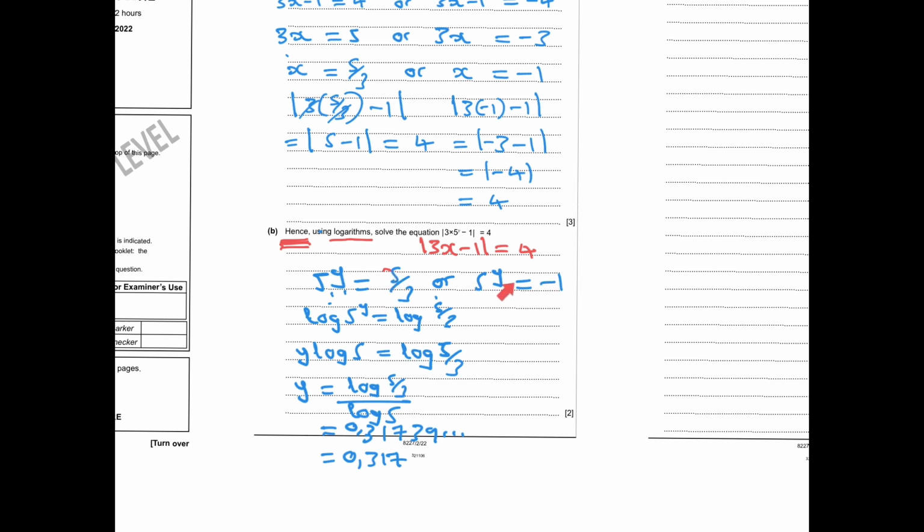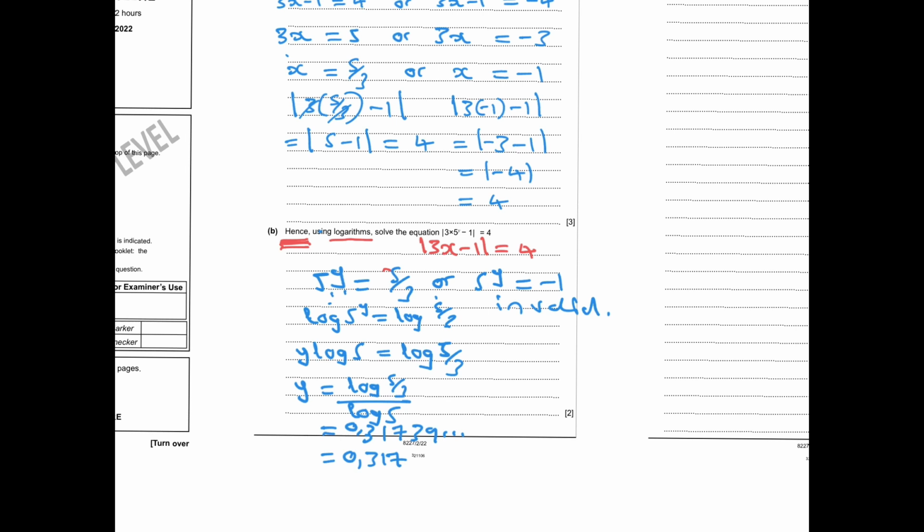Now for this one here, as we can see, 5 to the power of y is giving us -1. We know, of course, that there is no number that you can raise to the power of 5 to get a negative number. So this statement itself is actually invalid. Okay, so we can just end there. We just have to write invalid. All right.